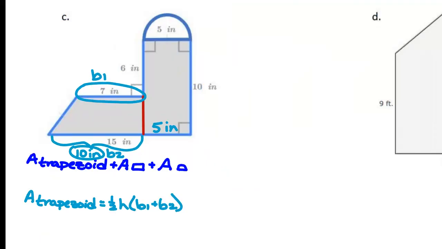Then I still need the height. That's what's represented by this red line right here. That's the distance between the bases. How long is the side of the rectangle? 10 inches. And it shows me right here that this much of it is 6. Well, if from here to here is 10, and from here to here is 6, how big is this? 4.